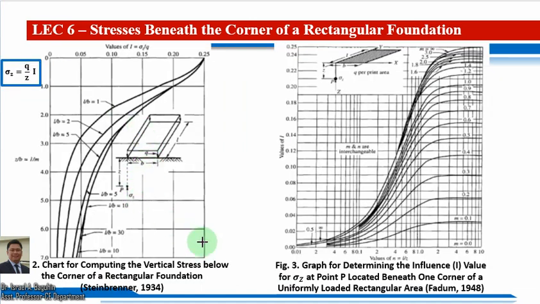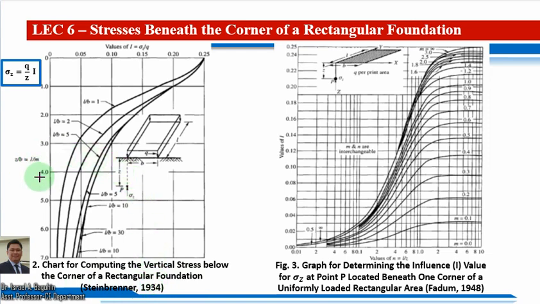So we have here a chart, or the influence diagram, if we are going to encounter some problems with regards now to the calculation of the vertical stress considering the rectangular foundation, in which in this figure 2 we have a chart for computing the vertical stress below a corner of a rectangular foundation by Steinbrenner of 1934.